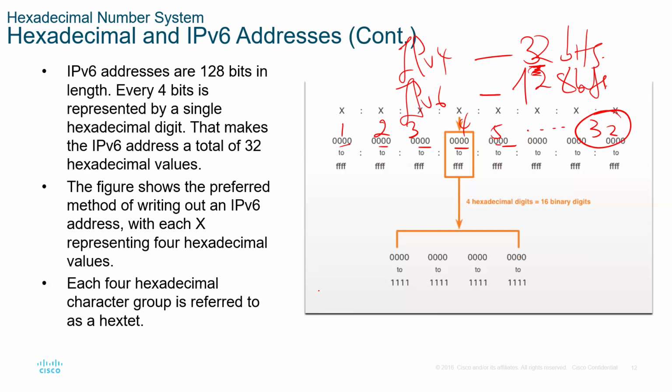Now, these 4 bits are converted to hexadecimal, making up what we call an IPv6 address. Each group of 4 hexadecimal characters is referred to as a hextet.